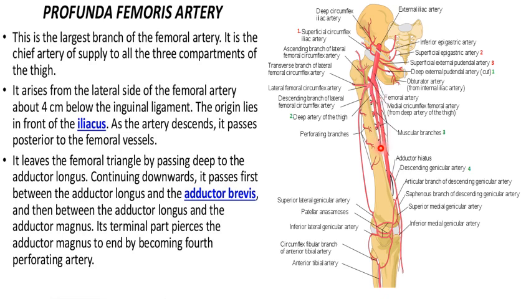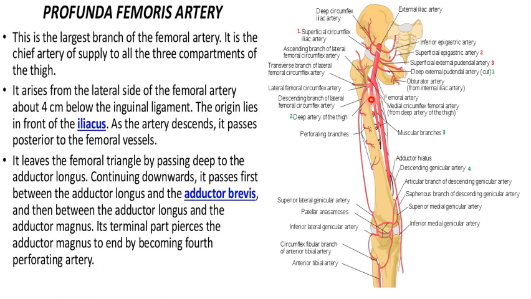It terminates as the fourth perforating artery. All these perforating arteries are the branches which participate in the longitudinal arterial anastomosis. We will see to it in a little while.